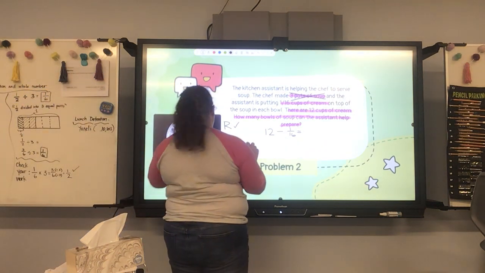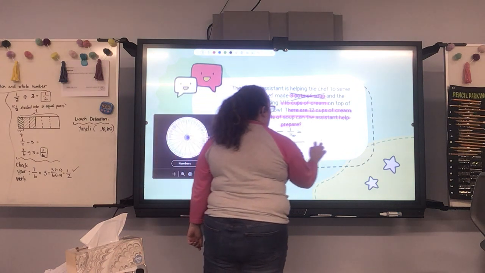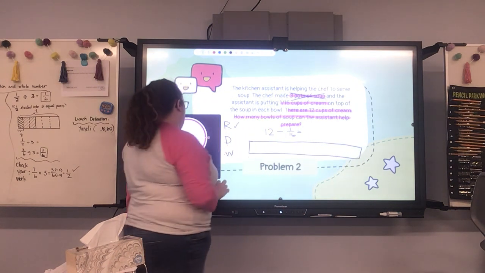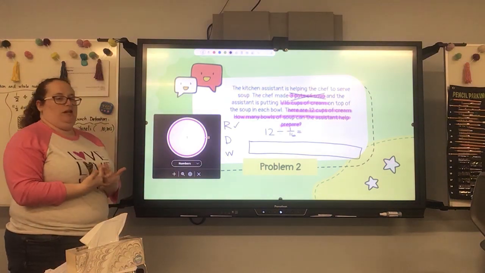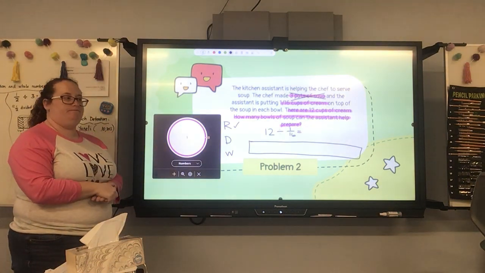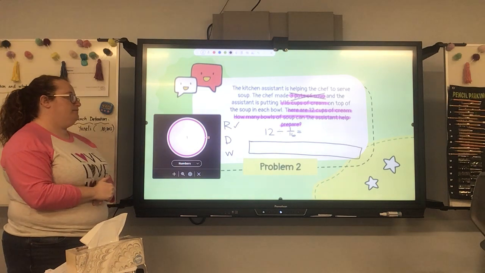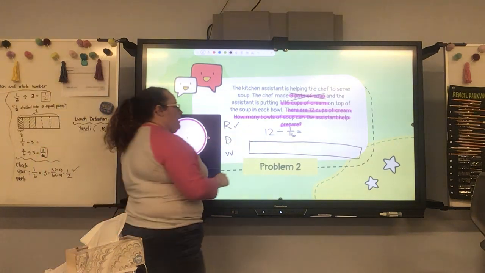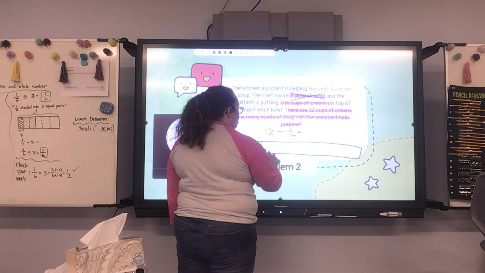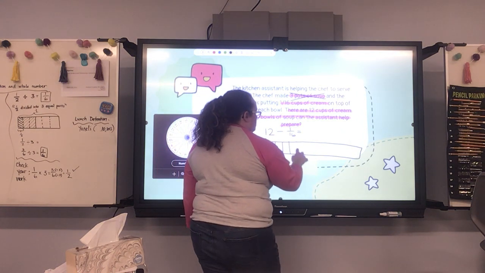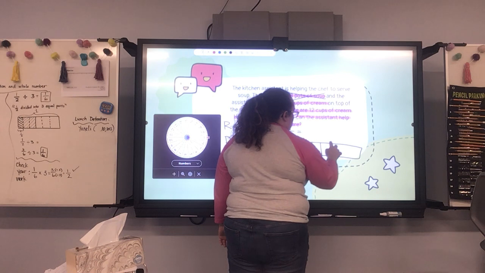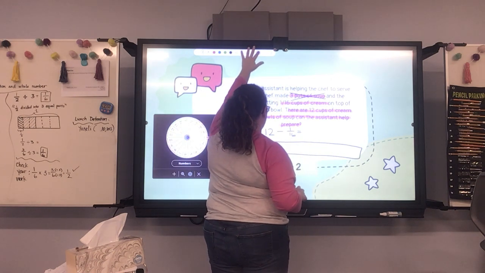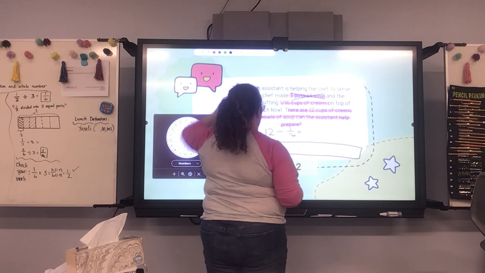Now let's create our model. So in my strip diagram, how many groups do I need? My total is 12, so I need 12 groups. Actually, I'm going to go back and make my groups bigger since I have more room.